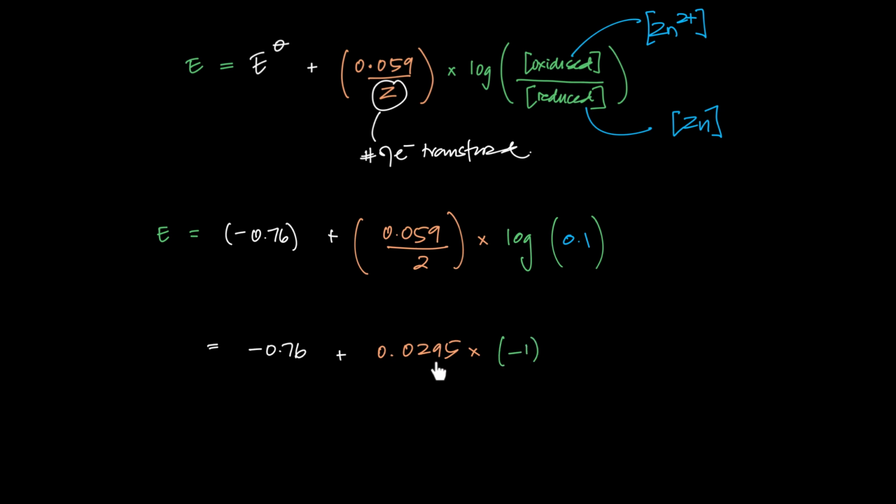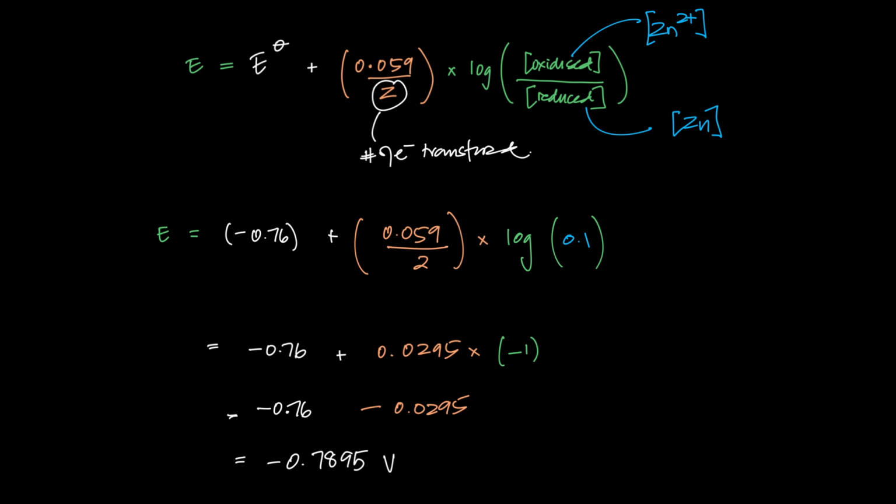So these two minus this. So basically minus 0.76 minus 0.0295. It comes out to minus 0.7895.